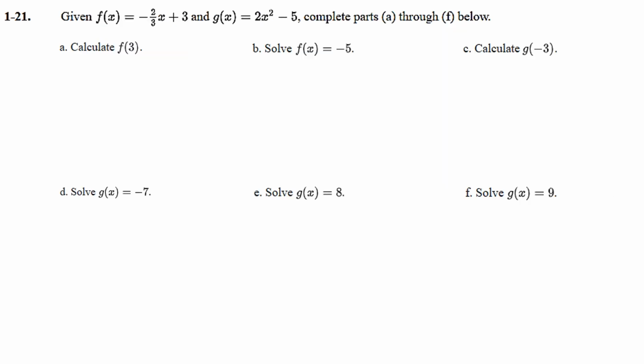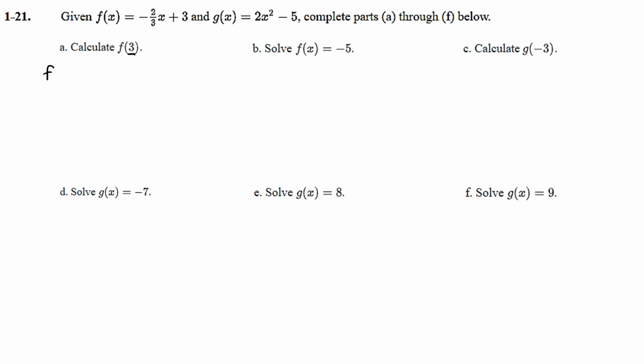Okay, 121. Given f of x is -2/3 x plus 3, and g of x is 2x squared minus 5, we're going to use these functions to complete parts a through f below. So a is calculate f of 3. Remember, when I have f of a number, that means to determine the value of that function when x is 3.